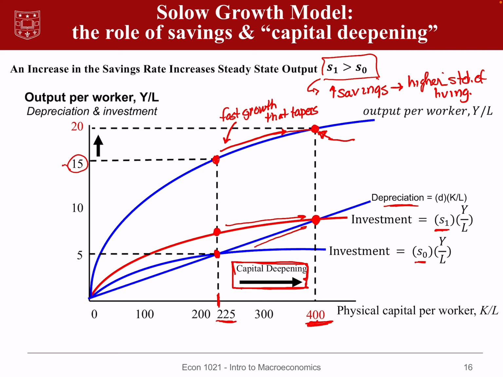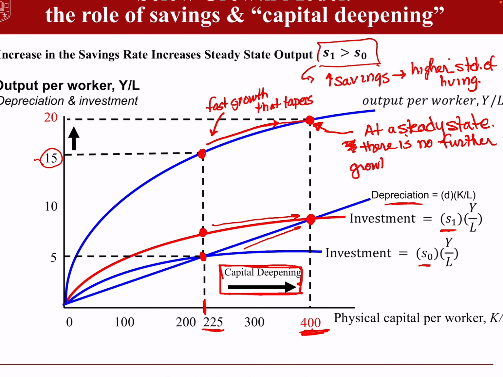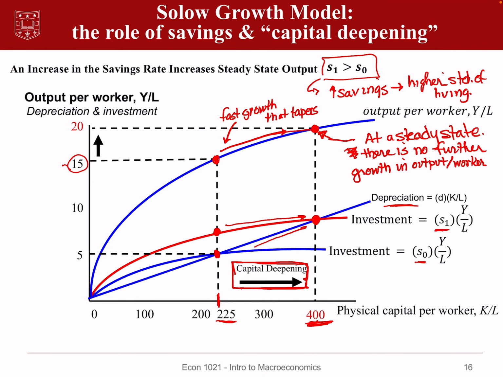So importantly here, at a steady state, everything is steady. It is the case that there is no further growth in output per worker, which is important because that's our measure for income per worker and feeds into how we think about standards of living.